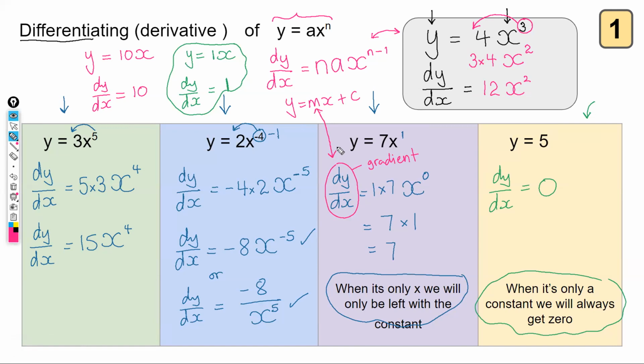So differentiating has a lot to do with finding the gradient of equations, okay? But you're not allowed to write the word gradient. For add maths, you have to put dy dx. So make a note, dy dx is the same exact thing as gradient.